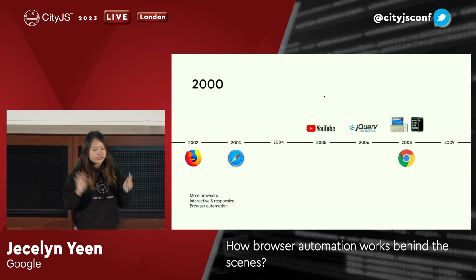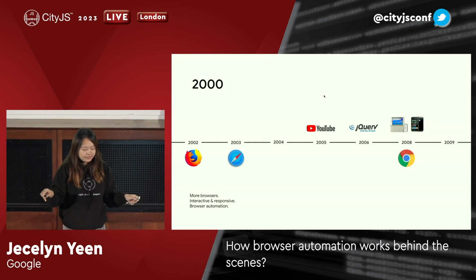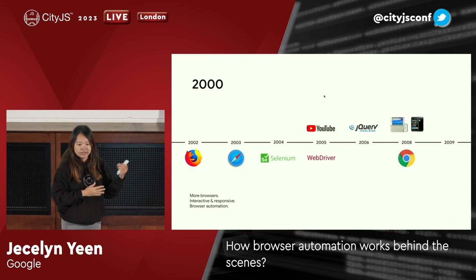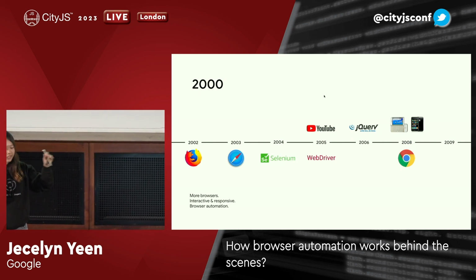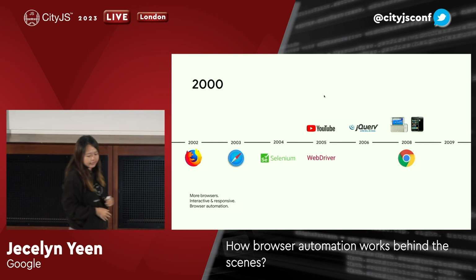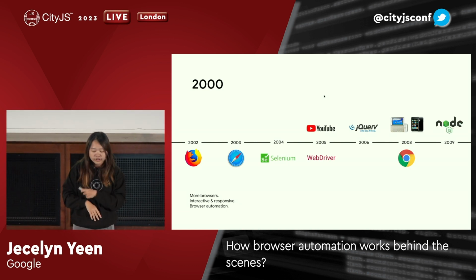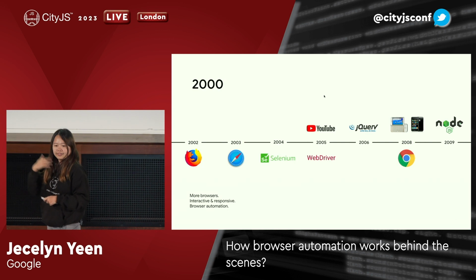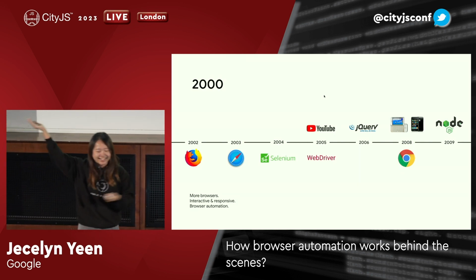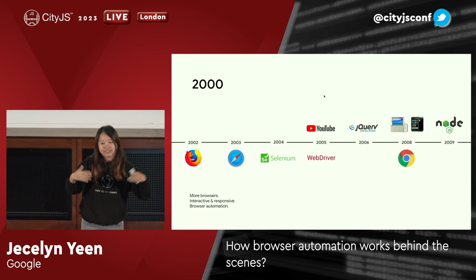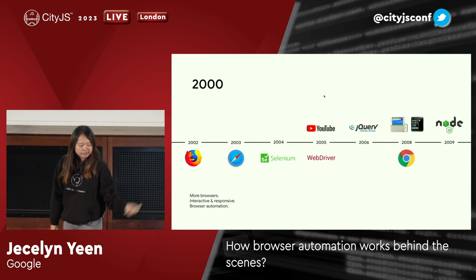So finally, thankfully, 2 projects started. We have Selenium and WebDriver, which tried to tackle these test automation challenges. And shortly in 2009, that's when Node.js was introduced, which brought JavaScript development to the backend.